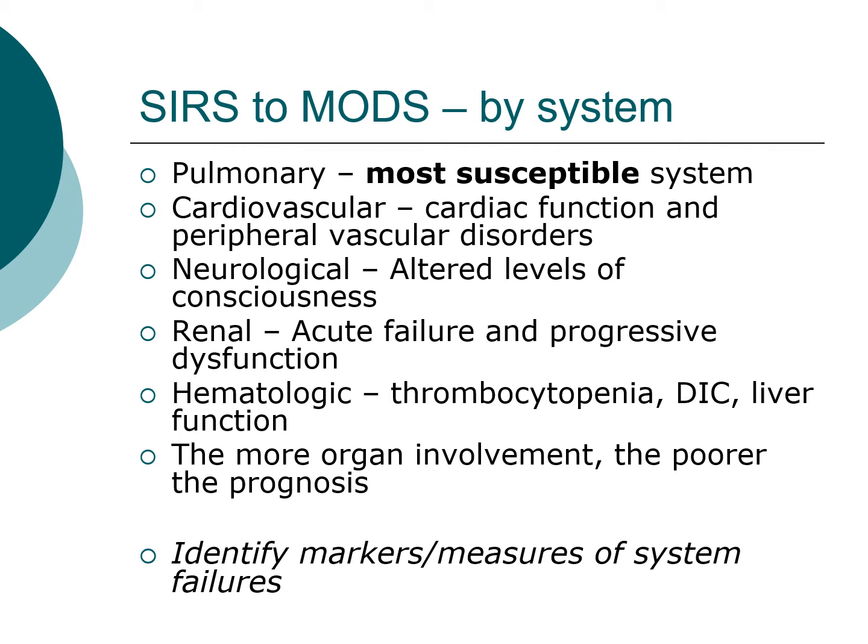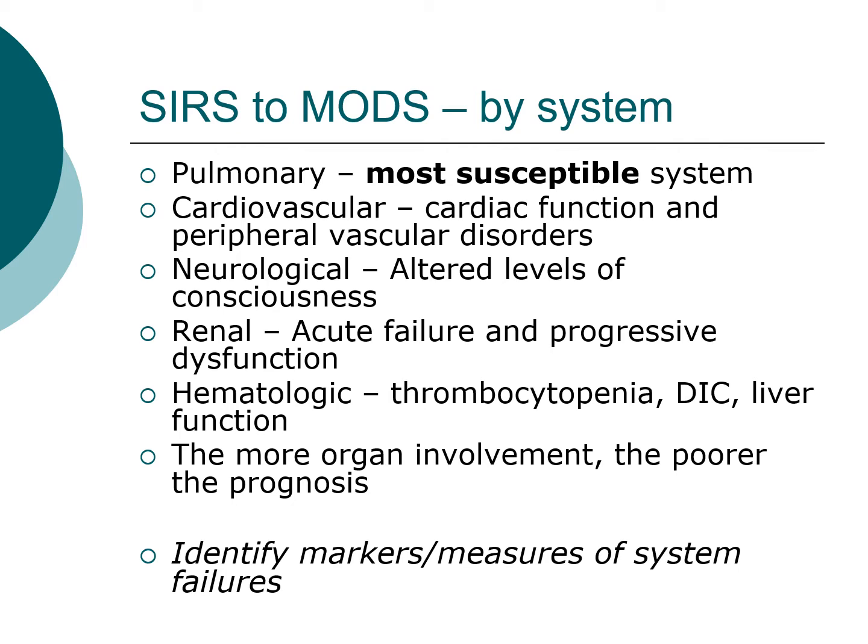Our cardiovascular system can be affected. There are some neurologic findings, renal findings, of course, and a few others. The more organs that are involved, the poorer the prognosis. With multiple organs involved, it's not just that they have to heal from their primary problem, but now all the different organs have to recover for the patient to survive.